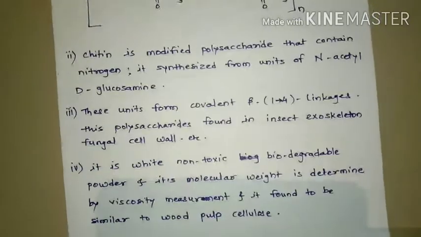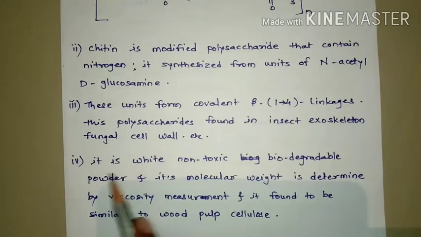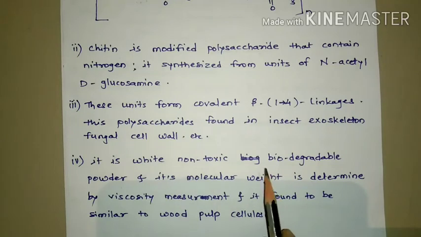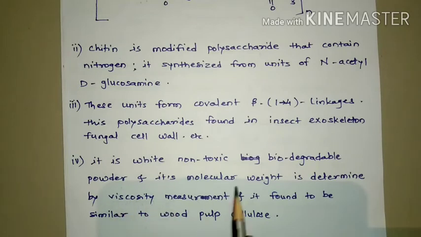Okay. Then the fourth point is that it is a white, non-toxic, biodegradable powder. The chitin molecule is non-toxic, there is no side effect, and it is biodegradable. Biodegradable means it is easily decomposed. Its molecular weight is determined by viscosity measurement. What is meant by viscosity? The capacity of a liquid to flow.